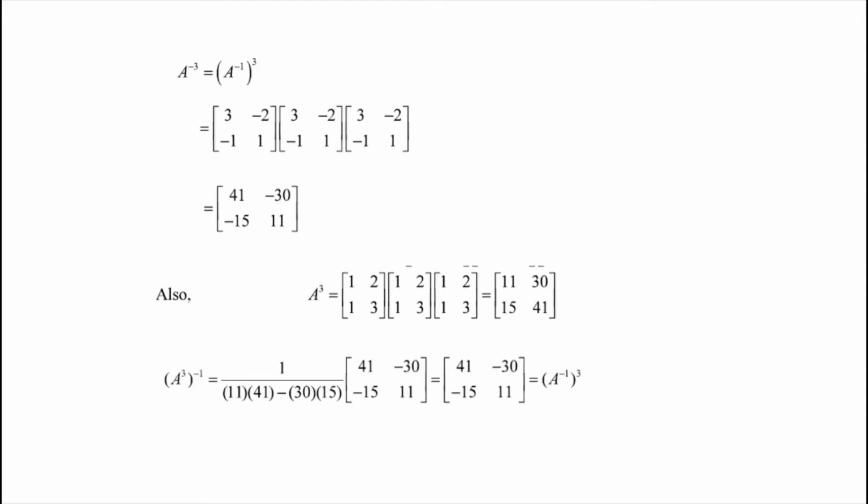Now we take the inverse of A cube, which is the adjoint of a matrix divided by its determinant. Its determinant is evaluated and multiplied by its adjoint, which is obtained by interchanging the places of 11 and 41 and changing the sign of 30 and 15.